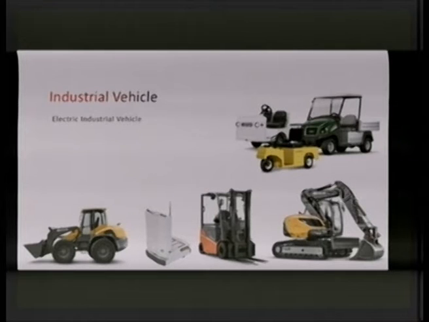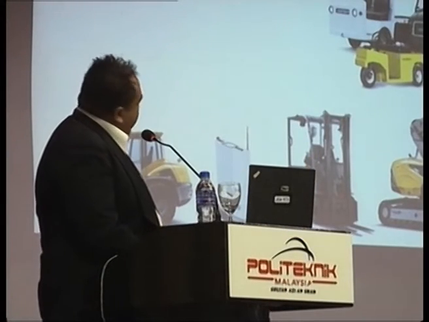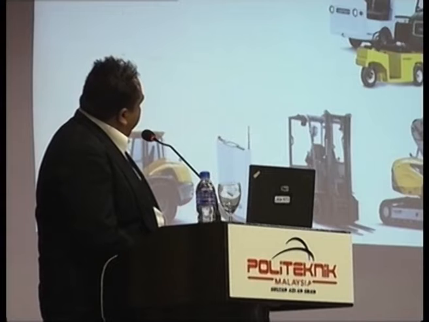And other than that, almost all current forklifts also use electric, and the AGV. And in construction also, there is this one company, Megalec. This company converts all the industrial vehicles into EV. So we have a backhoe, the truck, the roller, everything powered by electric nowadays.